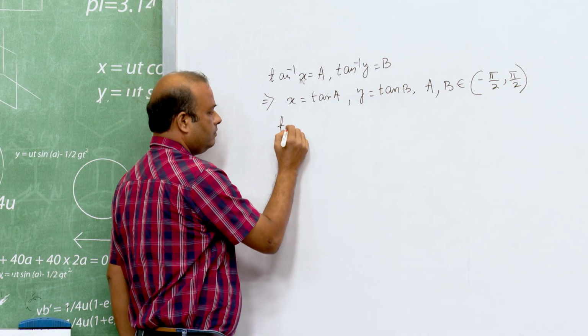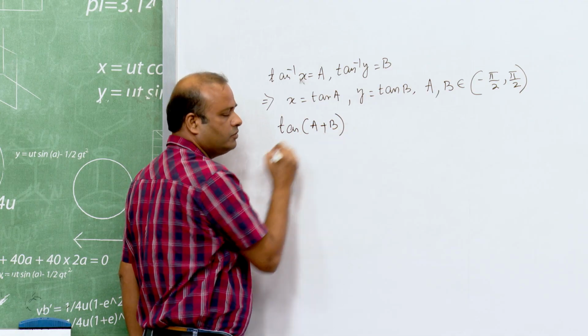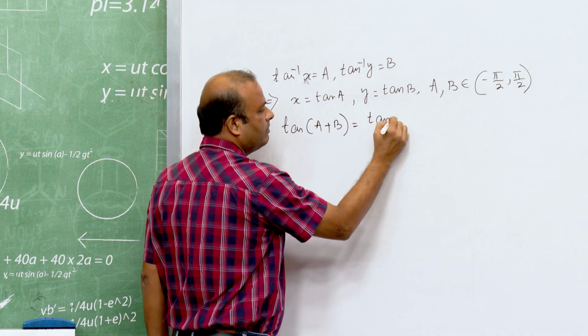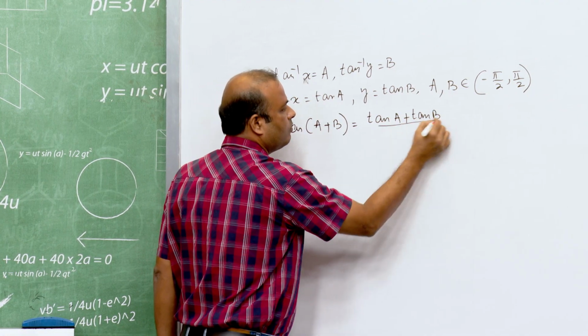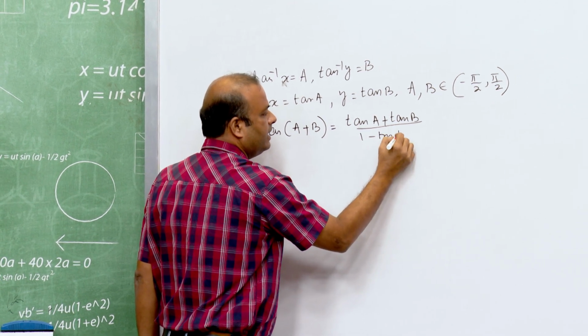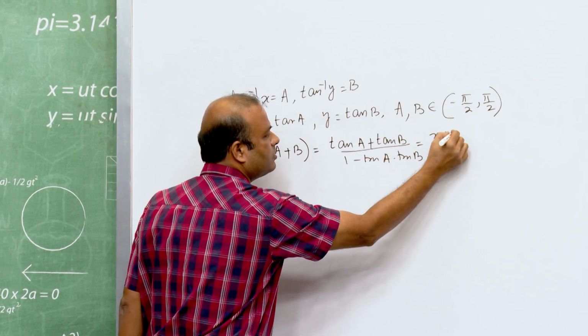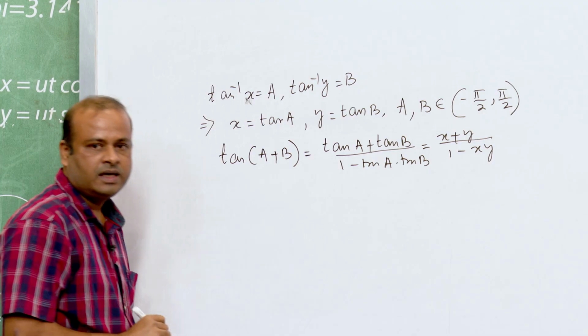Now, tan of (A plus B), using the formula, is tan A plus tan B divided by 1 minus tan A into tan B, which is equal to (x plus y) by (1 minus xy). Right?